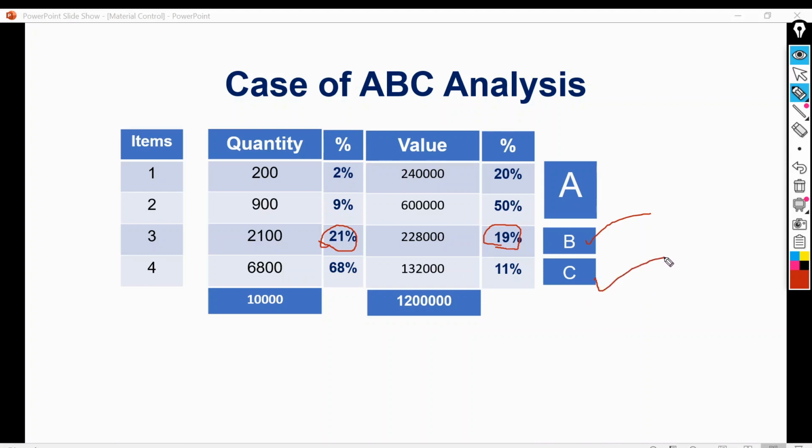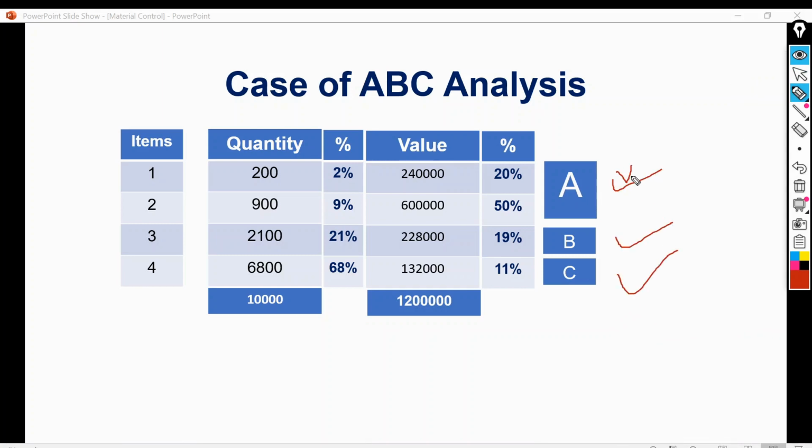And under C, the least control items, the quantity is approximately 70%, but the value of such quantity is approximately 10%. So this is the process and criteria under A, B, C.